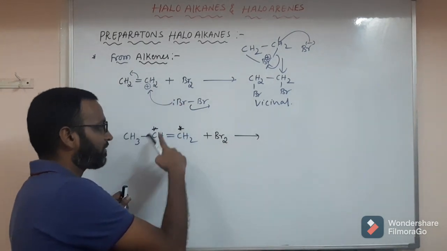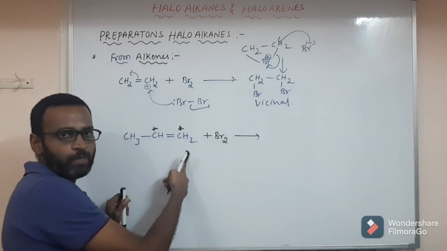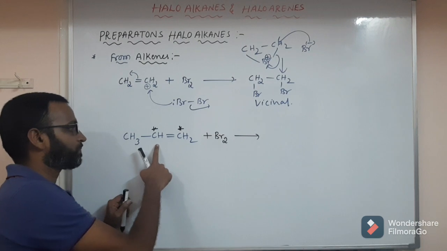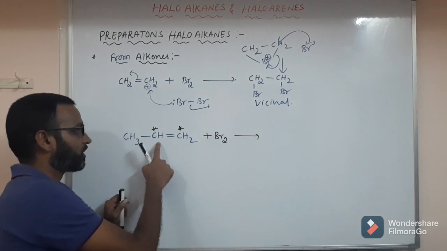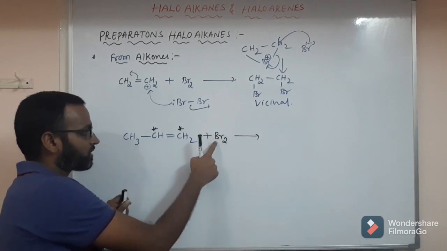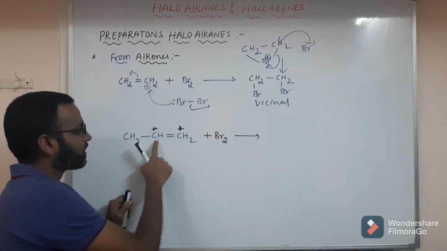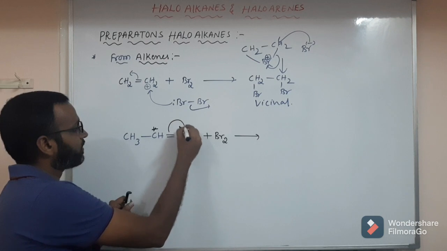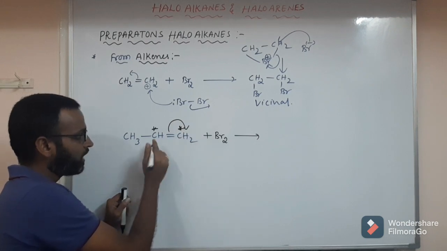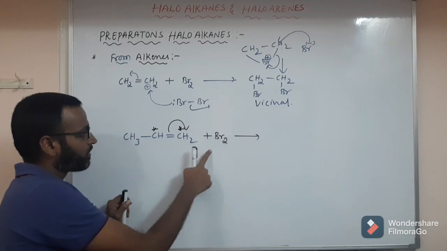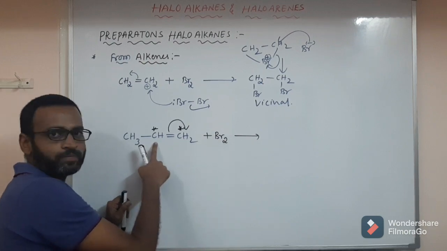Here one bromine you will have, here one bromine you will have. But first where it will add is here, because here the positive charge is more stable, right? So first this Br will add over here, so this gets positive and here it gets negative.